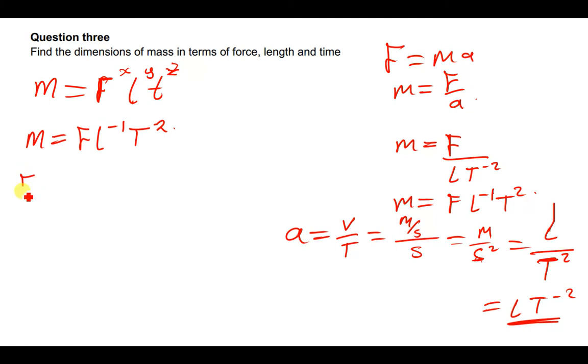So F to the power 1, L to the power -1, t to the power 2 is equal to F to the power x, since they want us to leave it as a force, and then dimensions for length is capital L to the power y, dimensions for time, capital T to the power z.